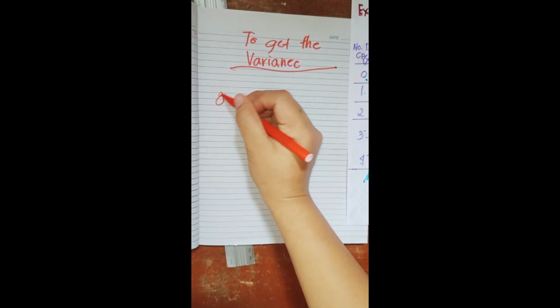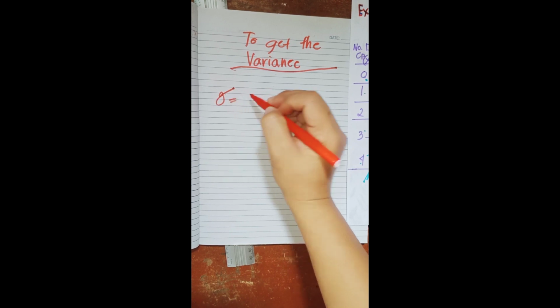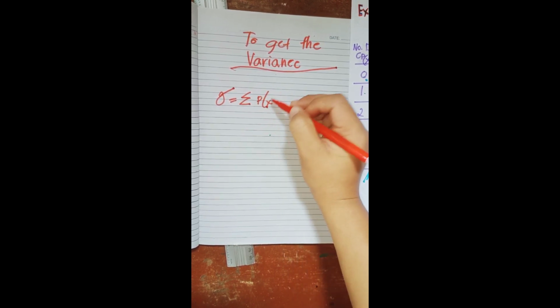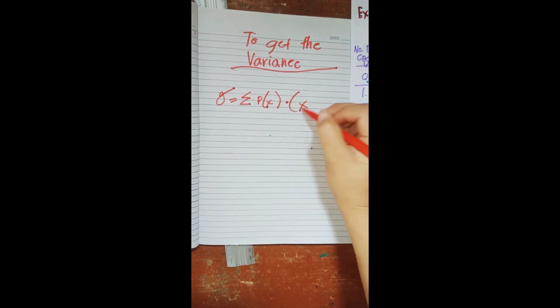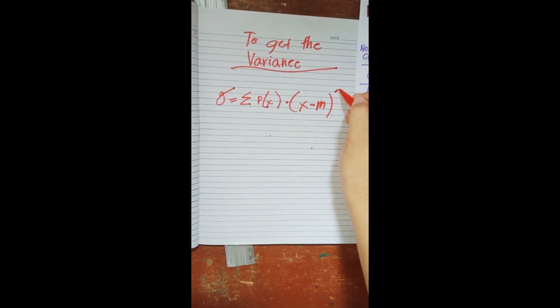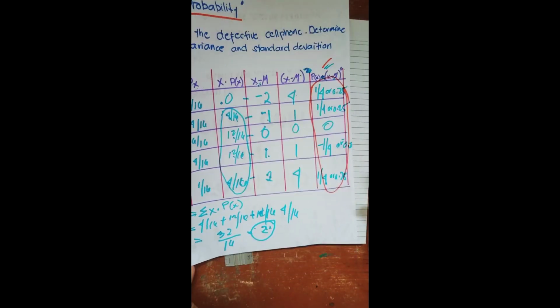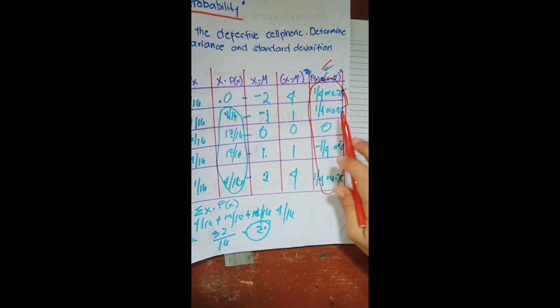And here is the variance formula: sum of P of X times X minus mean squared. Let's put all of these together.